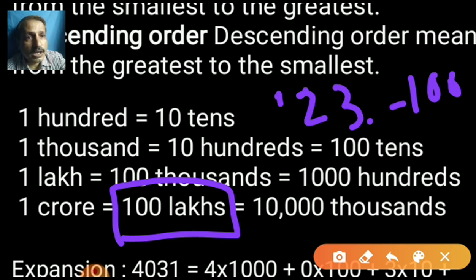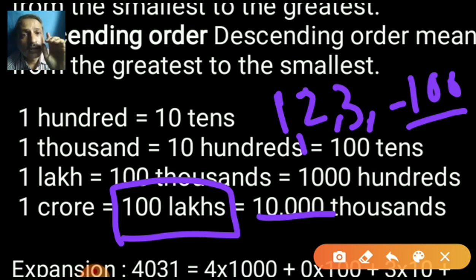Suppose I am having 1 lakh rupees, so I will not say a crorepati. 2 lakh, then also I am not telling a crorepati. 3 lakhs, no, but whenever I reach up to 100 lakh, I will say I have a crore. Or you can say 10,000 thousands will also make 1 crore.